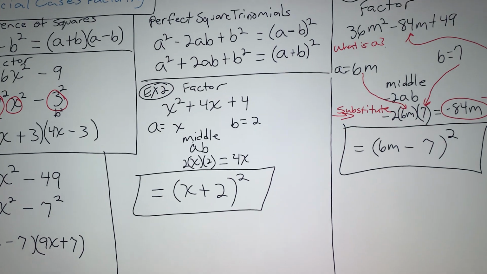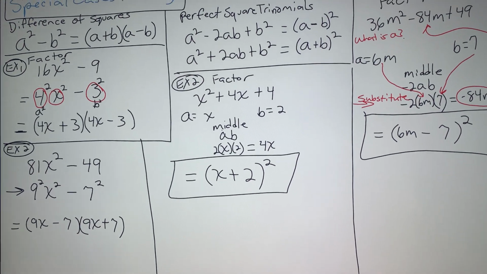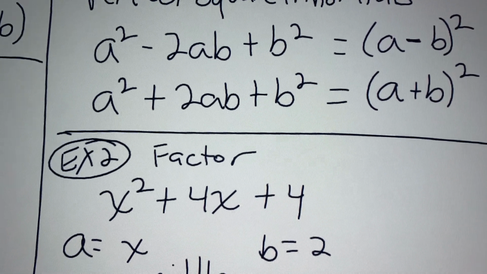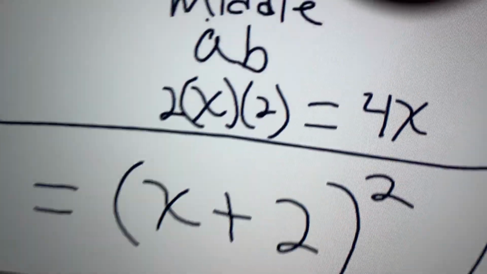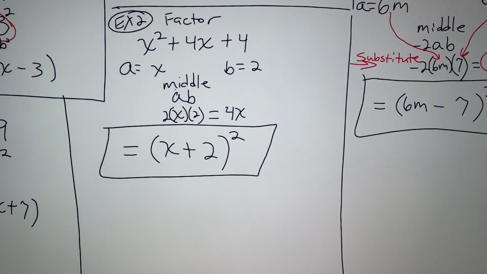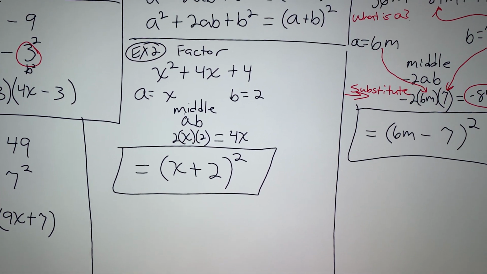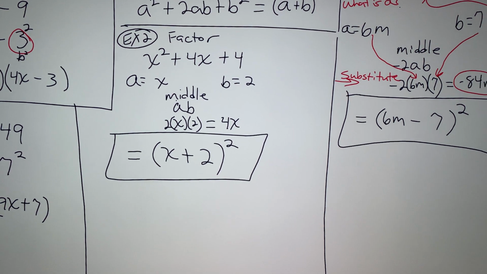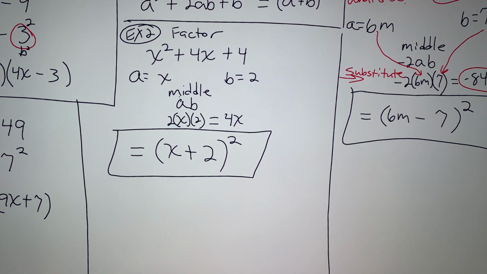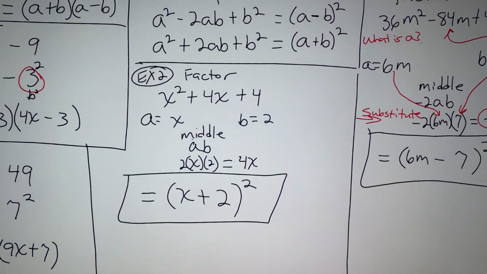So we have a and b. And now we check the middle with a and b from the formula. We try it with 2 times a times b to see if it gives us back what was in the middle before. And it does in that case. So 2 times a times b, a was x and b was 2. So 2 times x times 2 gives us 4x, which is what we have in the middle there.